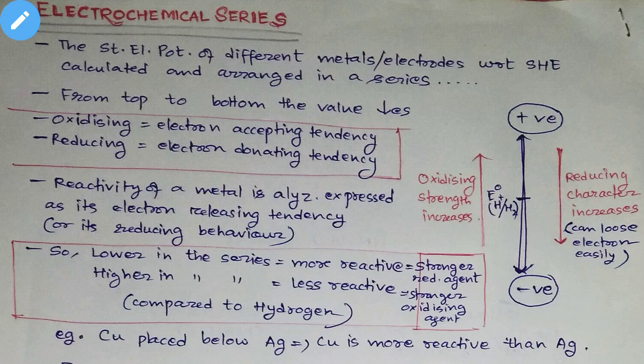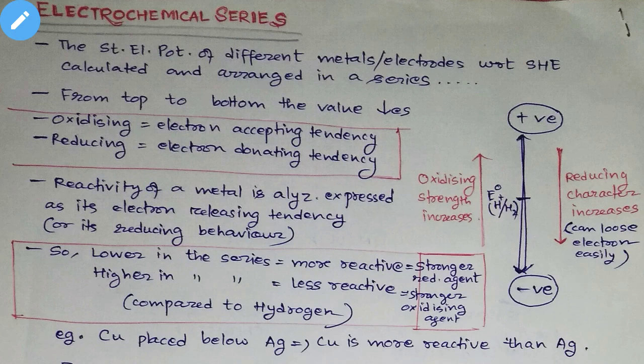One method is that whichever electrode we want to find the standard electrode potential of, we will take one reference with it, which is generally the standard hydrogen electrode. These two we will connect and set up the electrochemical cell.